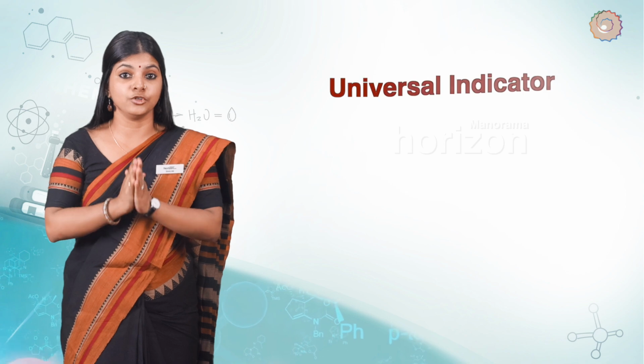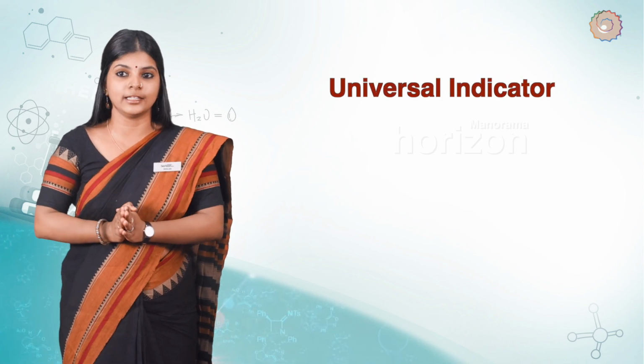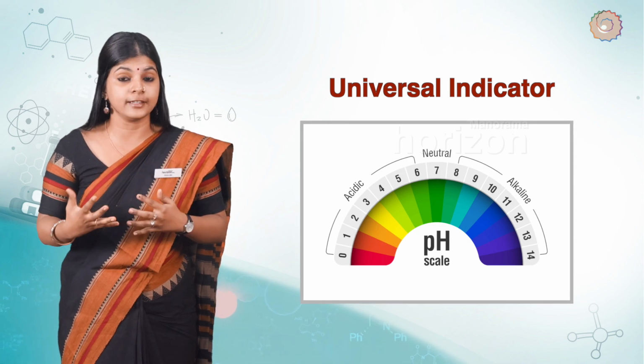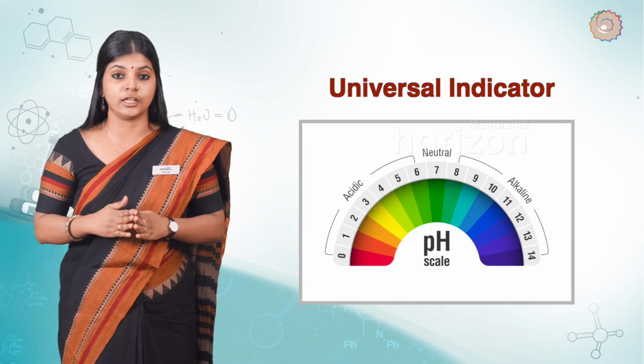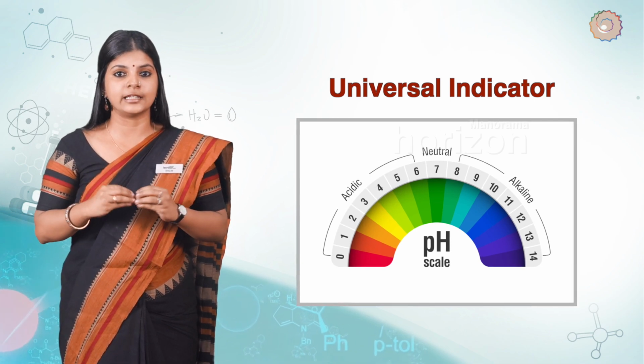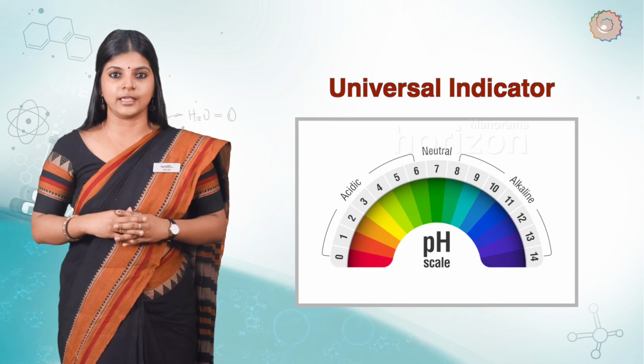Using a litmus paper, phenolphthalein, methyl orange, etc., you can only get an idea of whether the solution is acidic or basic, whereas it gives us no information regarding the strength of an acid or a base. So for that, you need to use what we call the universal indicator, which is basically a pH indicator that shows different colors over the pH range of 1 to 14. And a universal indicator is usually composed of a lot of chemicals.